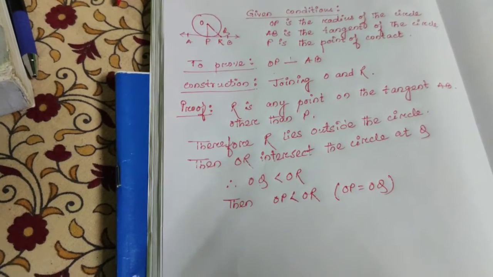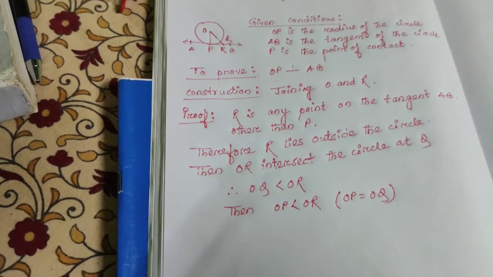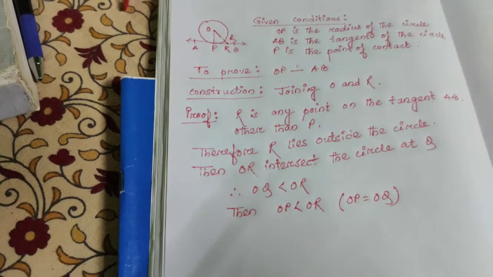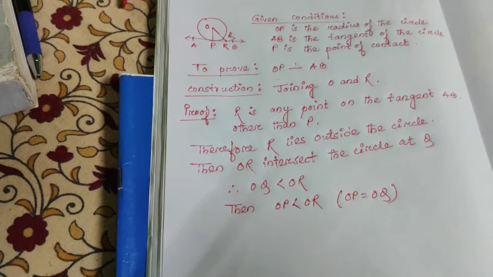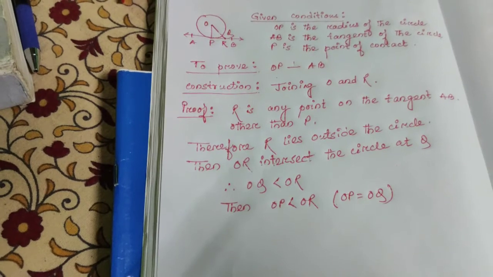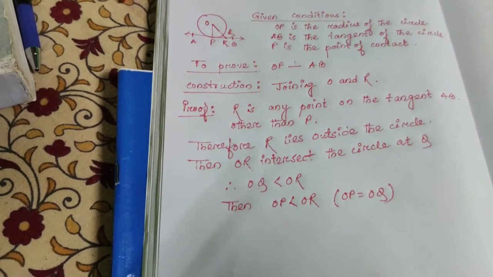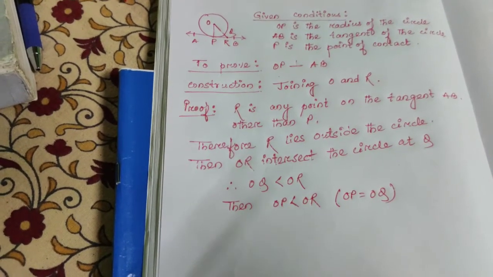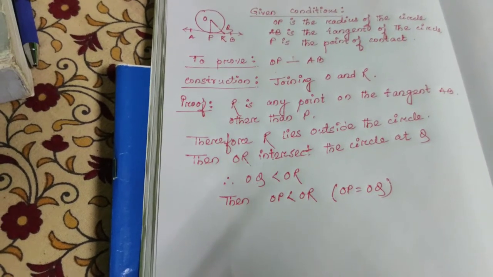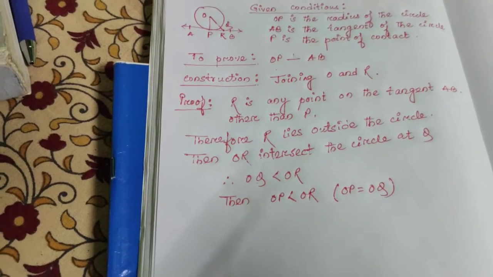That means if we join any point on the tangent to the center O, that distance is greater than OP.